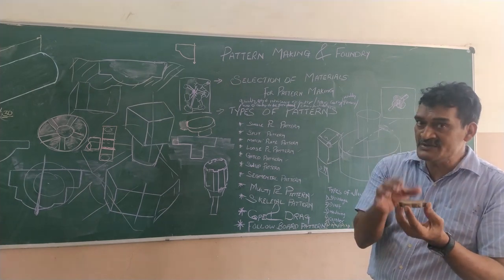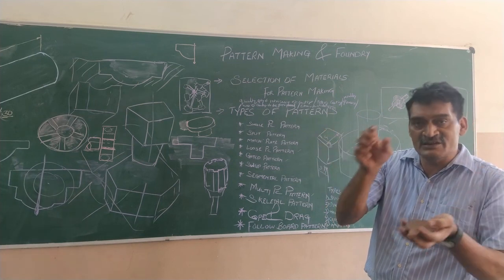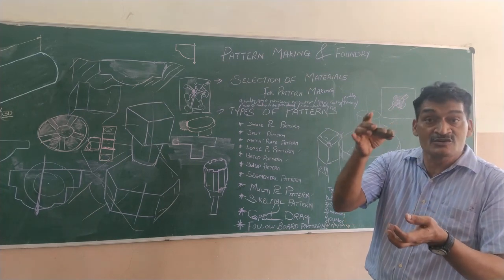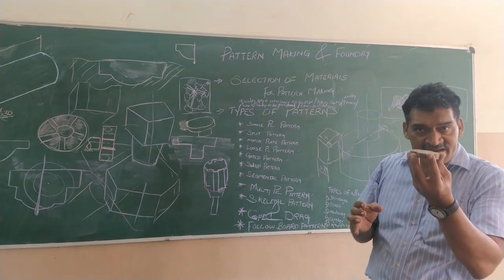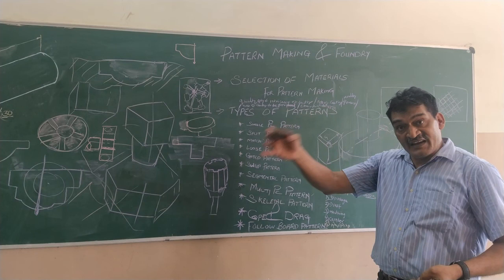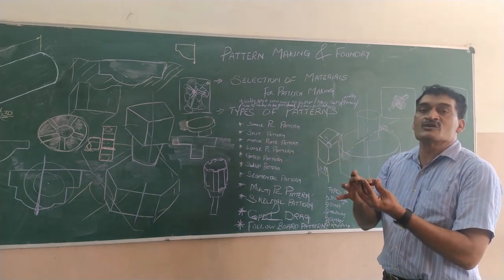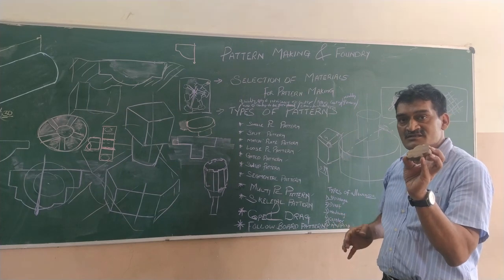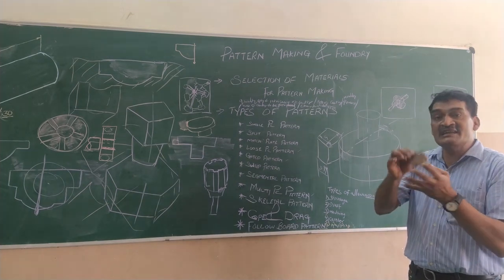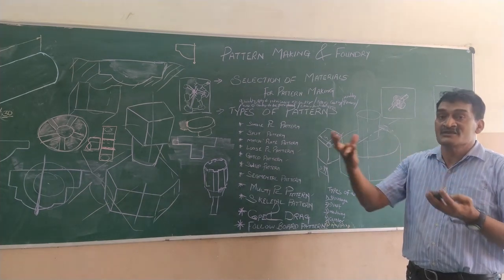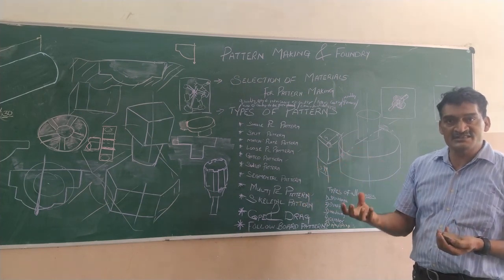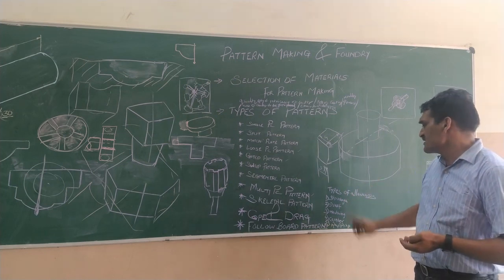So, if it shrinks 1 millimeter, in 1 meter we have to increase a millimeter on the pattern. That increase in dimension of the pattern, so that the final casting is made to the required dimension, is called shrinkage allowance. So, the amount of material added to the pattern so that your casting is formed to the right dimension as desired is called shrinkage allowance.